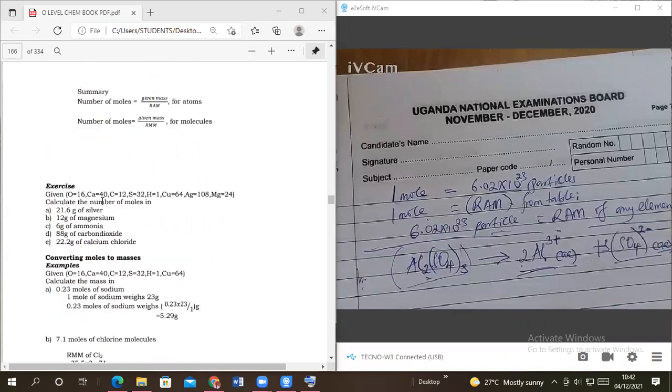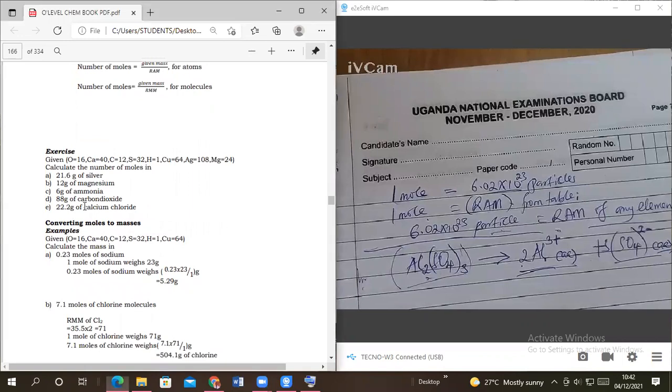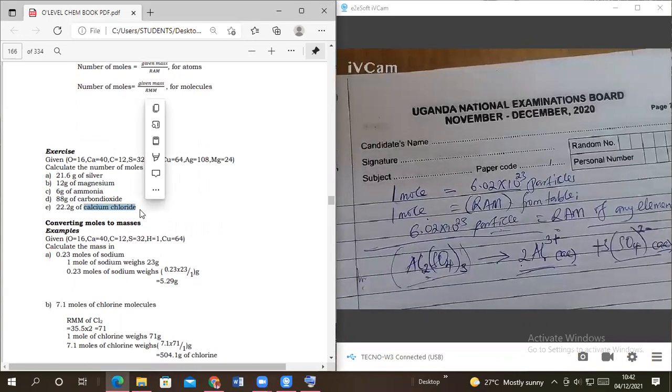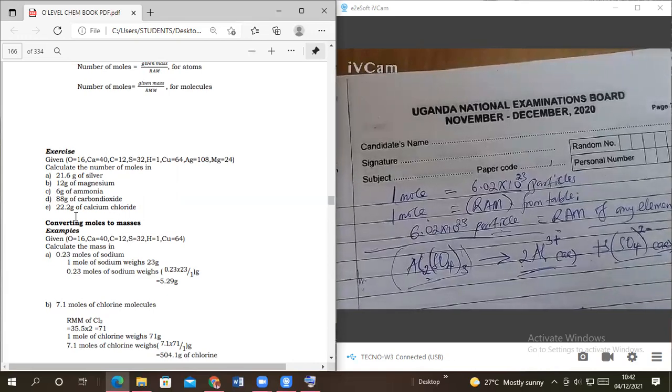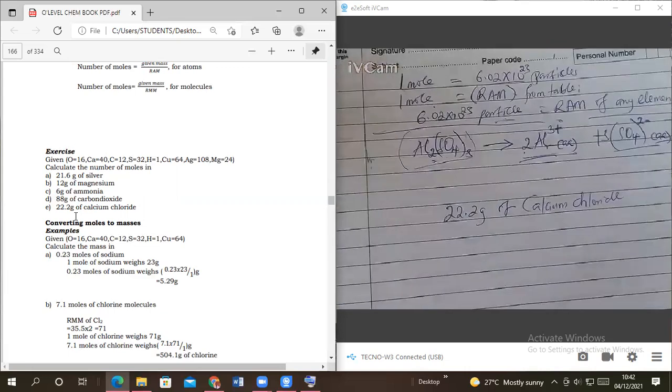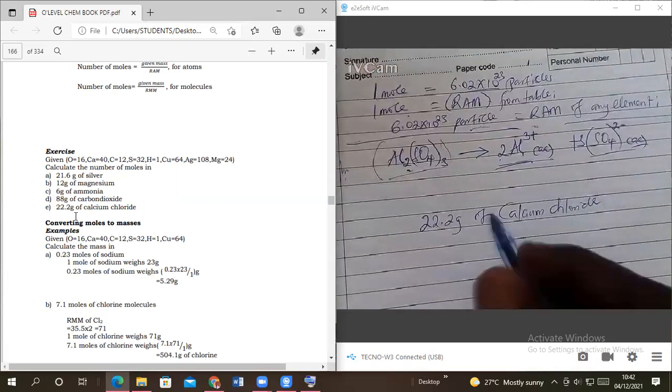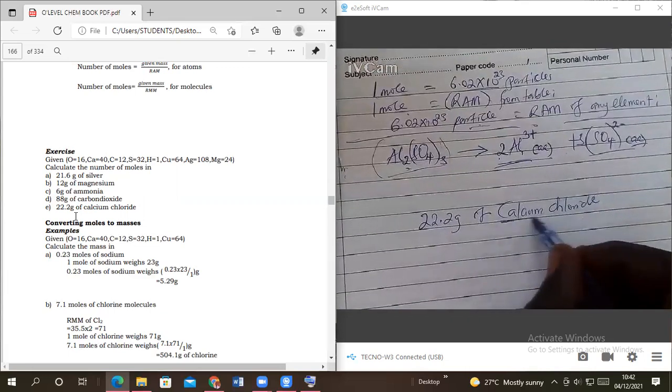Now, when they ask for a compound like this, they say calculate the number of moles in 22.2 grams of calcium chloride. Then what you should do is you must first know the relative atomic mass.